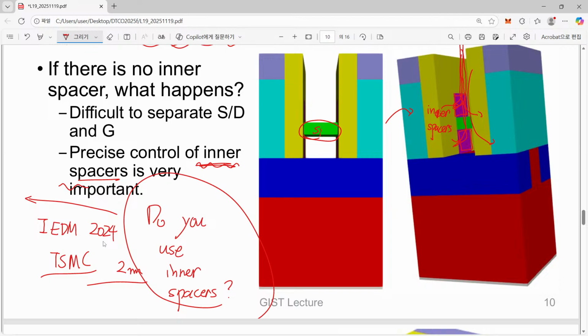Then what will happen? Although DC performance can be achieved, their AC performance is really bad. Because if we don't have inner spacer, then gate and source and drain are so tightly coupled, so we cannot operate them sufficiently enough. But that really happened last year.